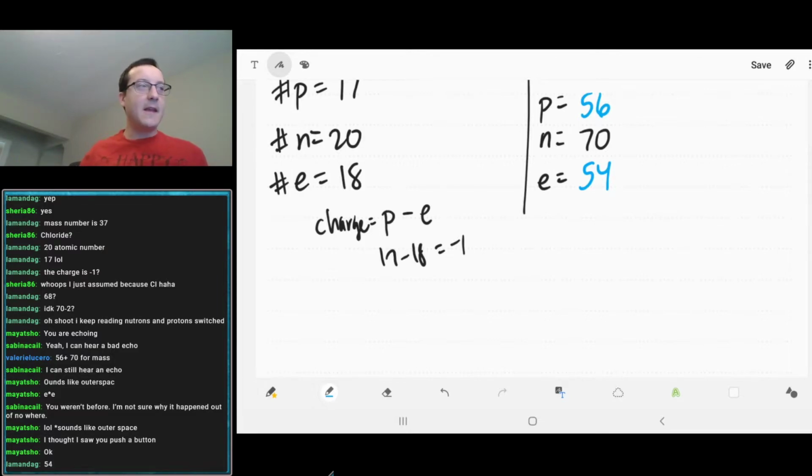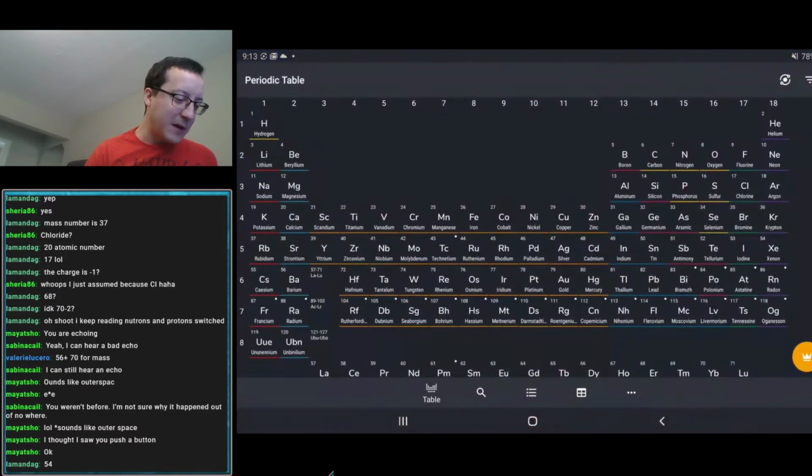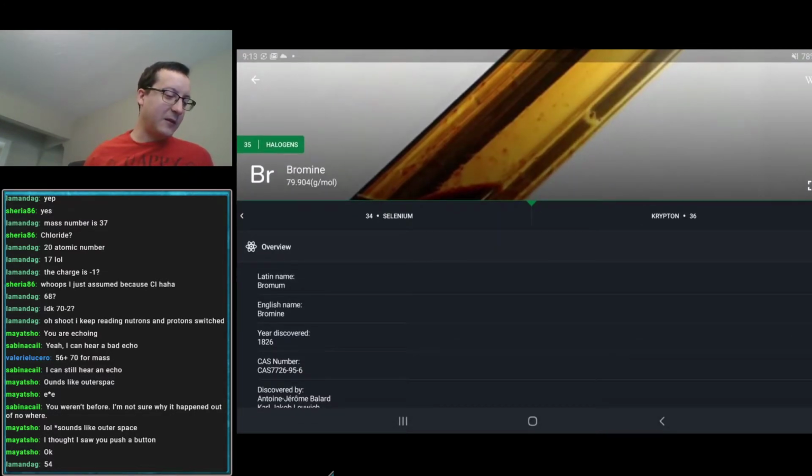Alrighty. Then in that case, have we talked about atomic mass yet in this class? I'm sorry, I always get confused because 101 is essentially a week ahead of you guys, but it's hard to remember what I've talked to who. So did we learn where this number 79.904 comes from in our bromine, for example?